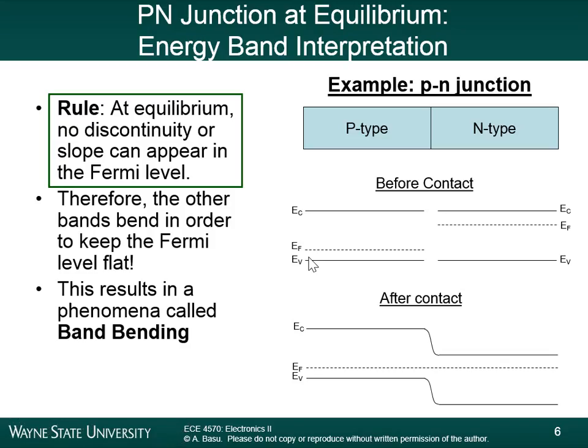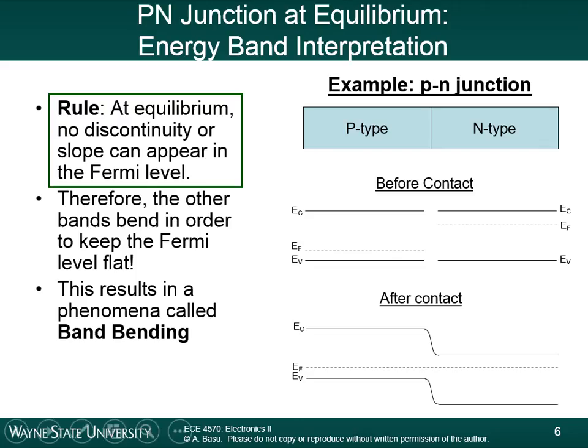The reason behind this is the statistics of what the Fermi level means. The Fermi level is that 50% mark. When you're at the Fermi level, the probability that an energy state is occupied by an electron is 50%.